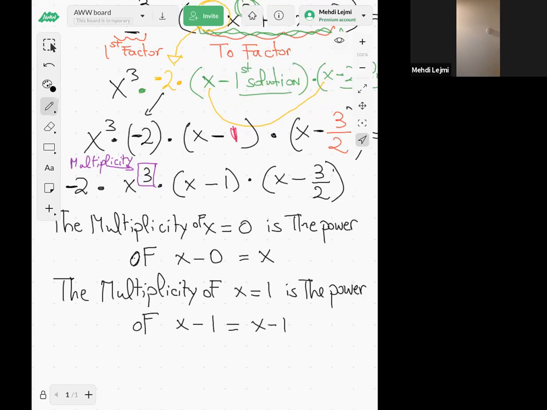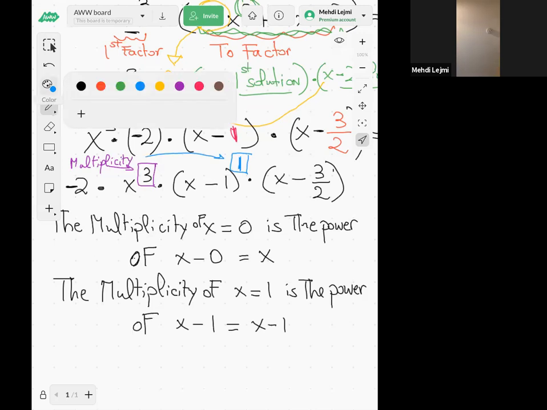Okay, so what's the power of x minus 1? Well, we have just x minus 1 to the power 1. This is power 1, so then that will be the multiplicity of x equal to 1, right?